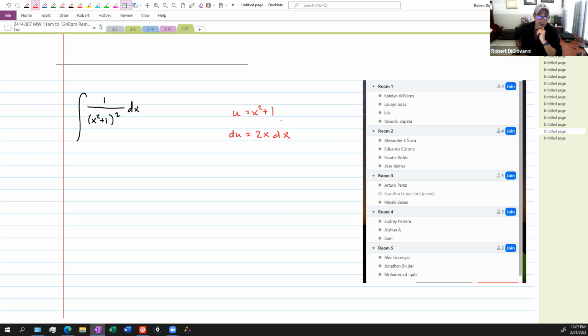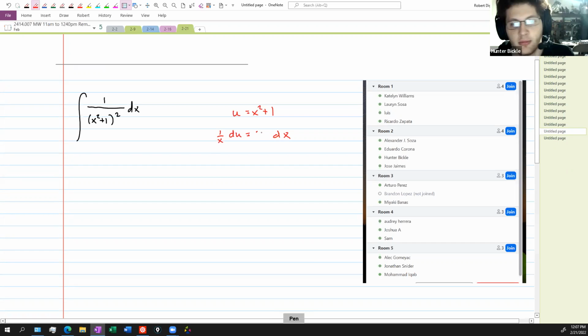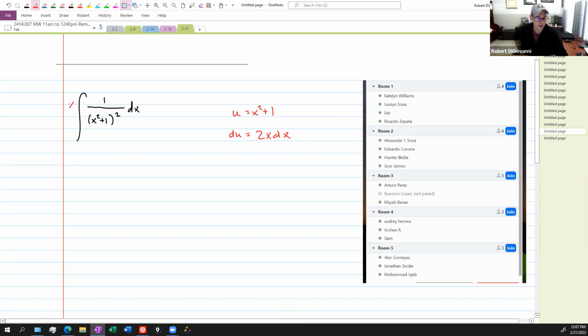Okay, so everyone seems to be married to this U sub idea. Let's just see why it's not going to work. Okay, so let me try and follow you here. You said, okay, you don't have 2x, so you divided both sides by x. Is that my understanding, to get rid of that x? No, I multiplied the integral by x over x, outside the integral. Okay, that can't be done. Why not? The reason is because you're multiplying by a variable, as opposed to a constant.